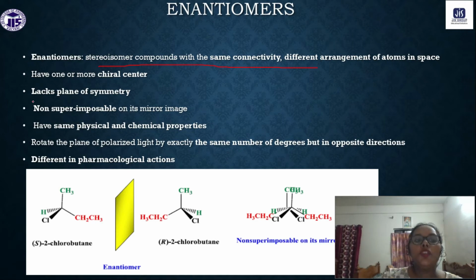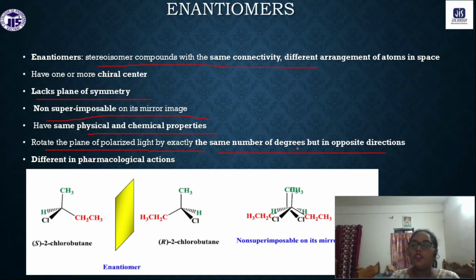Okay, so enantiomers have a lack of plane of symmetry and are non-superimposable on their mirror image, as I told you. They have the same physical and chemical properties, and rotate the plane polarized light by exactly the same number of degrees but in the opposite direction.